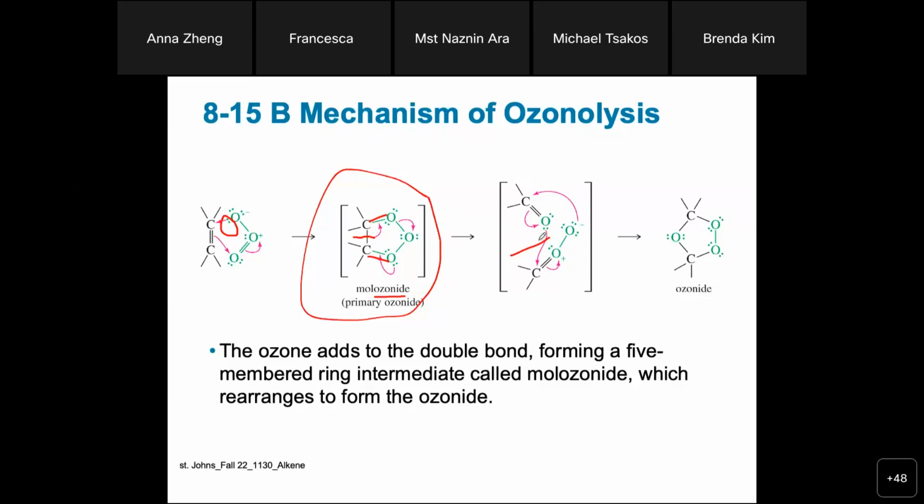Finally, they join together again, the pi bond is broken again, and they make this type of ozonide. This is because, as we know, this oxygen is a nucleophile and its electronegativity is high.